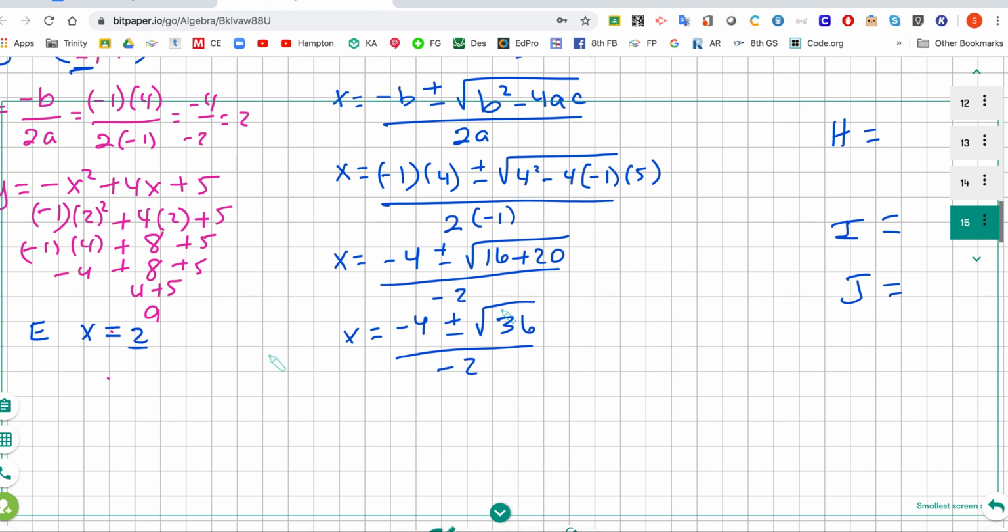Now here is where we can identify the discriminant value is 36 because it is positive 36.